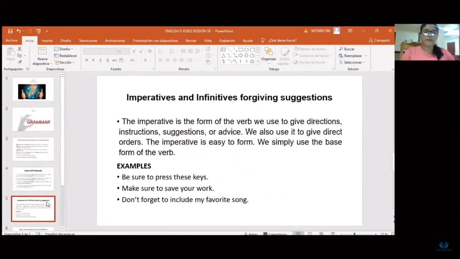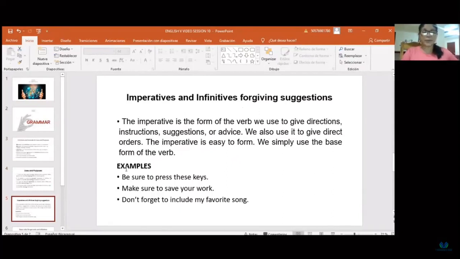So we have, in this case, imperative and infinitive for giving a suggestion. The imperative is the form of the verb we use to give directions, instructions, suggestions, or advice. We also use it to give direct orders. The imperative is easy to form. We simply use the base form of the verb.